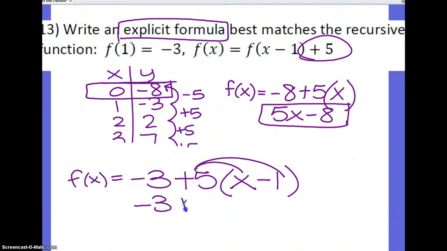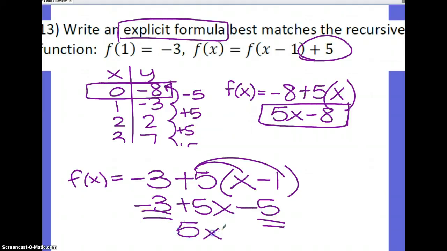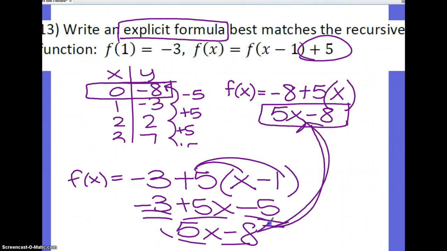So -3 plus 5x minus 5, and then if you combine those, we get 5x minus 8, which is exactly what we have either way we go. So it doesn't matter. If you prefer to just use the first term, write it out, and then simplify, that'll get you to the answer, or you can just use the 0 term.